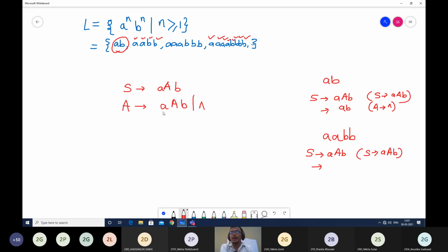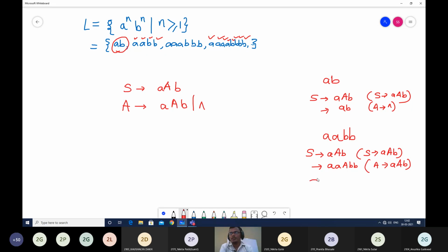So this second a I'll get from the A production rule. This A production rule again has a recursion for a and b. So I'll apply that over here: A gives aAb. Which production rule have we applied here? A gives aAb. Are you getting this?